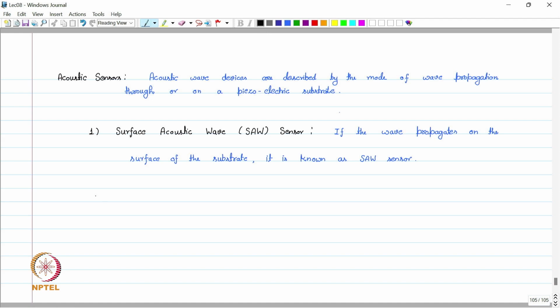And the second is BAW sensor or bulk acoustic wave sensor.